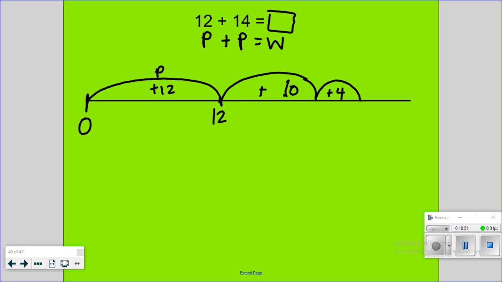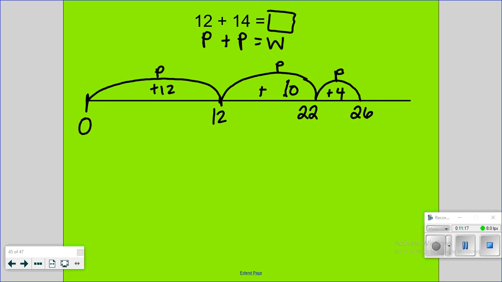Shelby? 12 plus 10 more? 22. And then plus 4 more. There you go. So I kind of just made it part plus part plus part. Is that okay? Yeah, I can do more than 2 parts.